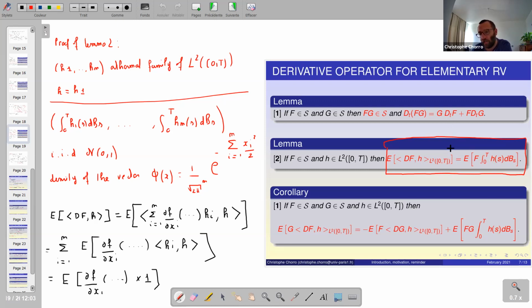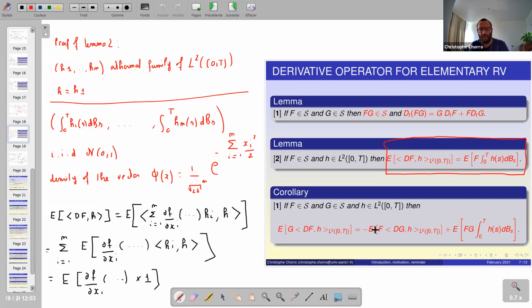And applying these two results, I did use something that looks like a classical integration by parts formula, where here you have the product fg, here g f prime, let's say, and f g prime. So it's a first step concerning the integration by parts formula that I want to obtain in this course.